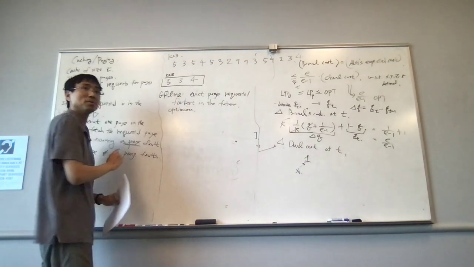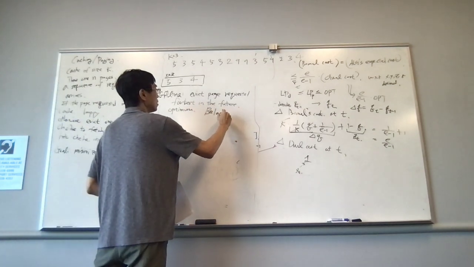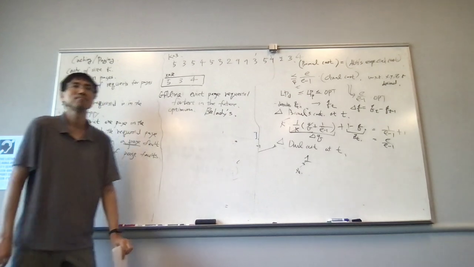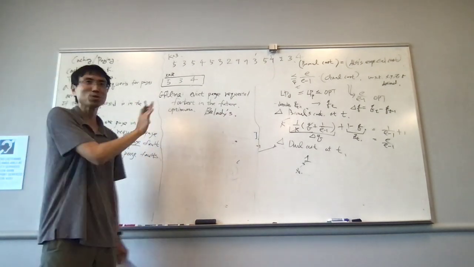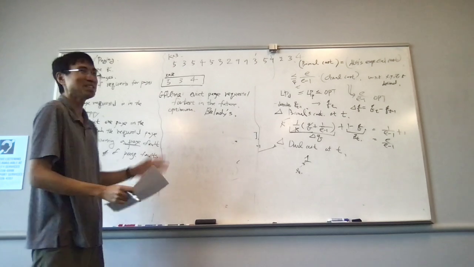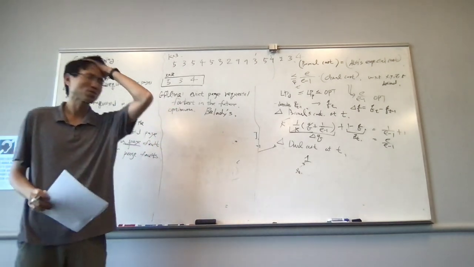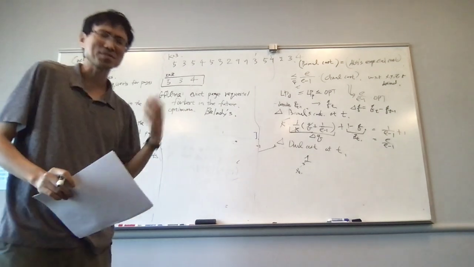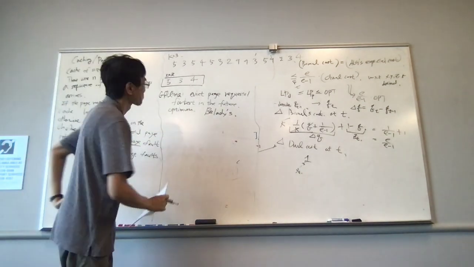This algorithm is optimum, and it is called Belady's. I'm not going to prove it, but it's an easy exercise, and it is taught in the undergraduate operating systems course, so I'm not going to cover it.